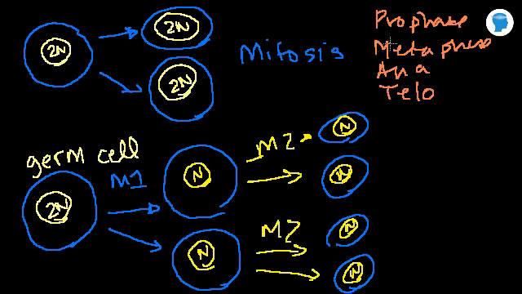I won't keep writing phase down, or PMAT. In meiosis, you experience these in each stage. So you have Prophase I, followed by Metaphase I, followed by Anaphase I, followed by Telophase I. Then, after you've done meiosis I, it all happens again. You have Prophase II, followed by Metaphase II, followed by Anaphase II, followed by Telophase II.